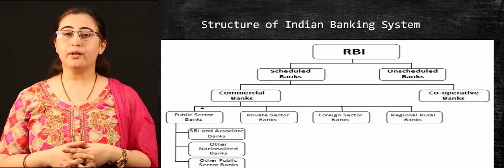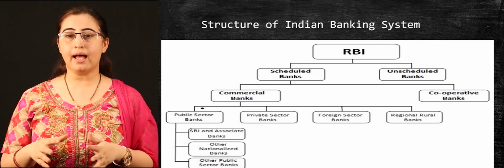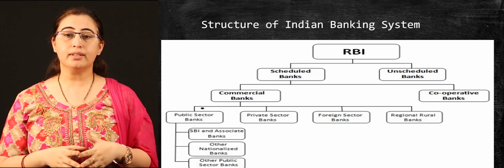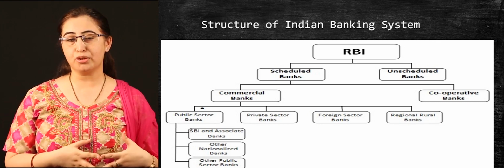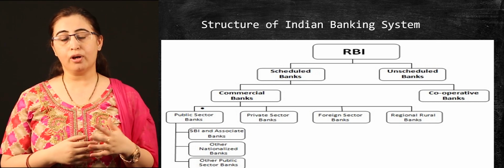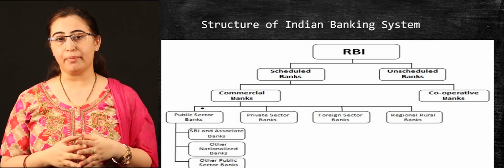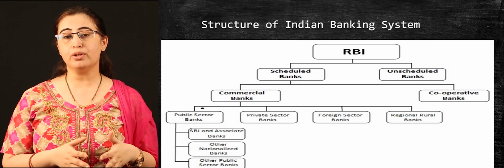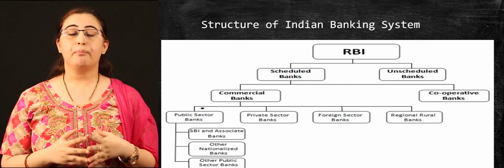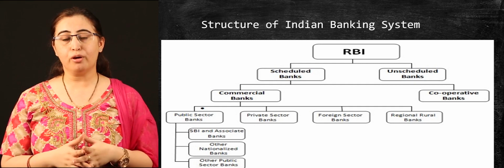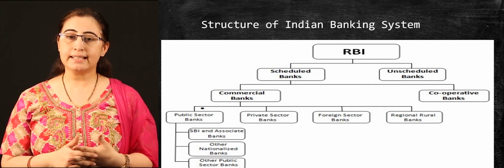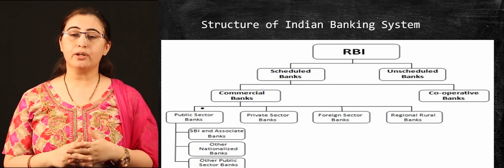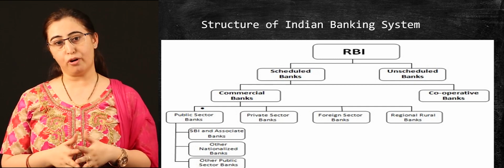It divides banks into two categories, scheduled banks and unscheduled banks, also called non-scheduled banks. Scheduled banks are further classified into two parts: commercial banks, which we see almost everywhere in our areas, and cooperative banks. Commercial banks are further classified into public sector banks, where the government ownership is more, private sector banks, where there is no government ownership at all, foreign banks, and regional rural banks. Whereas cooperative banks are classified into urban cooperative banks and rural cooperative banks.